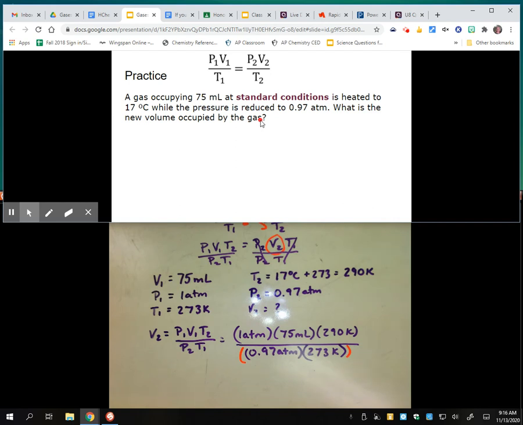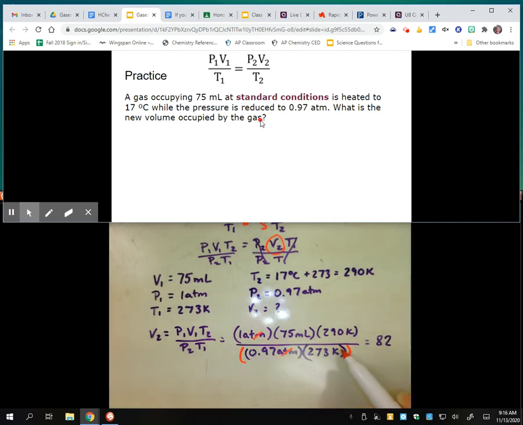All right, so 75 times 290 divided by 0.97 times 273. And I end up with, and it looks like in the problem, everything had 2 sig figs, so 82.